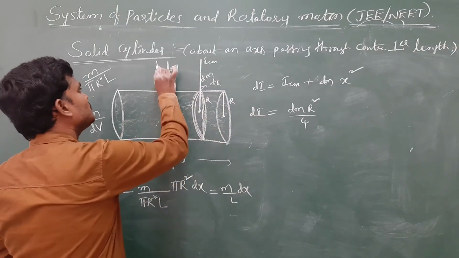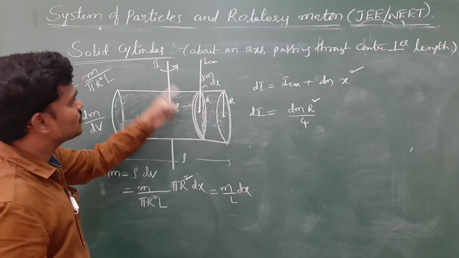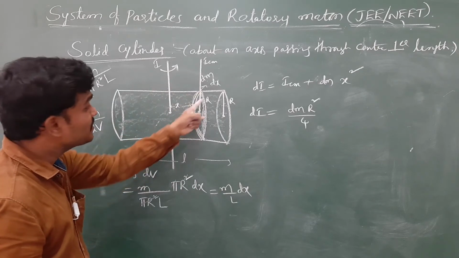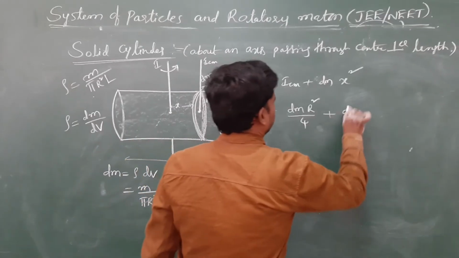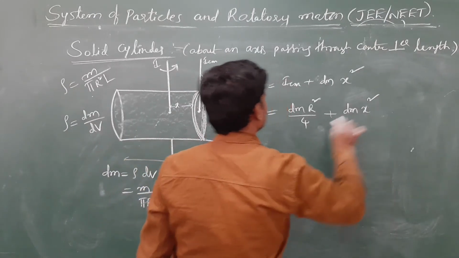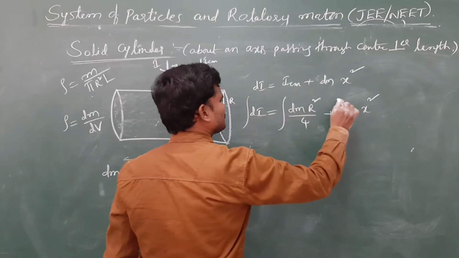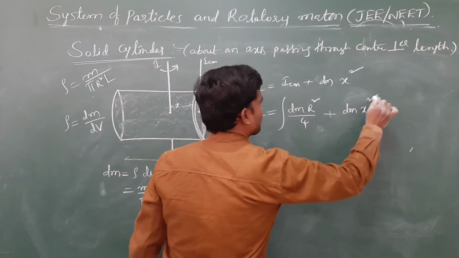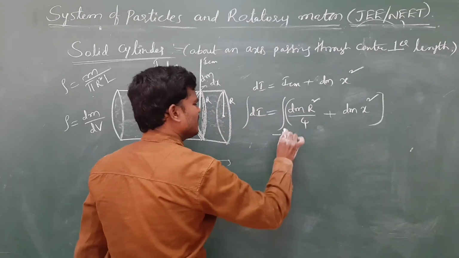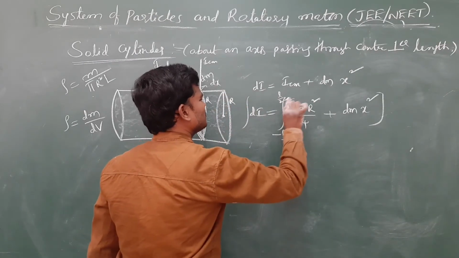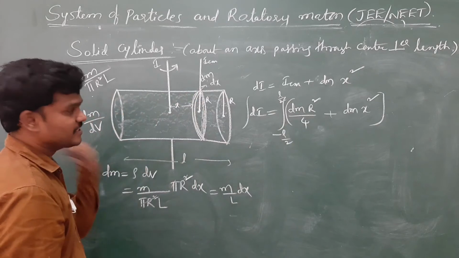Our target is to find this one. I is equal to ICM plus m x square, m being dm, so dm x square. Apply the integration. Limits are very clear: minus L by 2 to plus L by 2. Right side L by 2, left side minus L by 2.